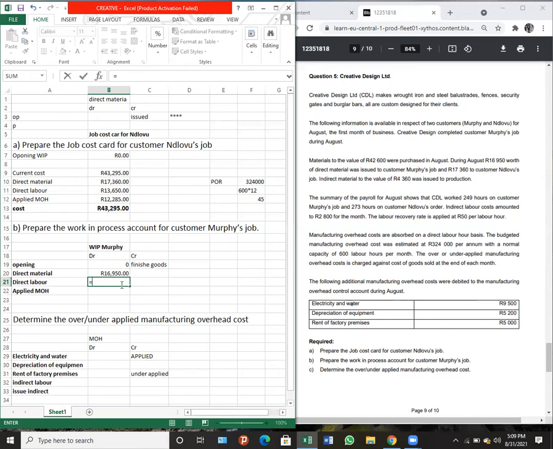How did you get that? 249 multiplied by 50. Correct. And then how much is the applied?